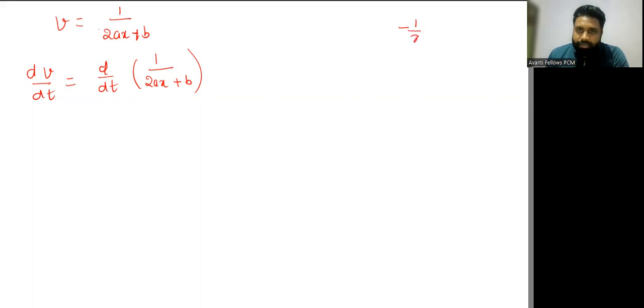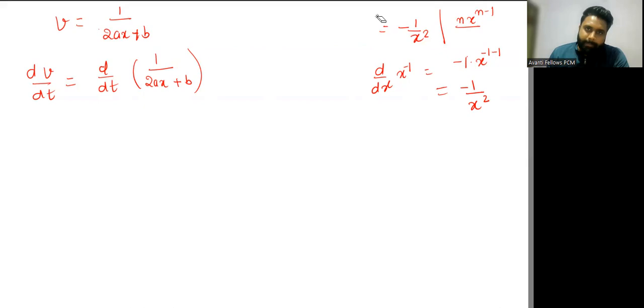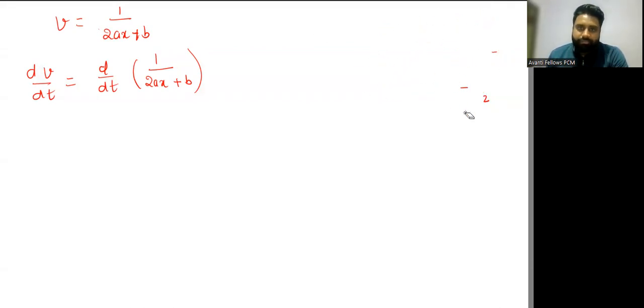It will be minus 1 upon x square. How? Because d by dx of x raised to the power minus 1, and we know the formula that n x raised to the power n minus 1 is the result of differentiation of x raised to the power n. So it will be minus 1 into x raised to the power minus 1 minus 1, so it will give you minus 2. You can write it like this. Okay.